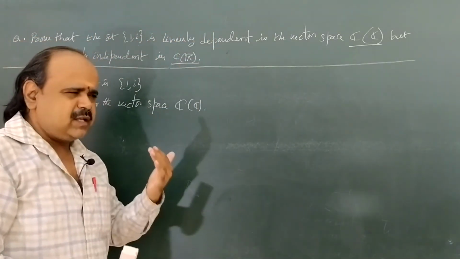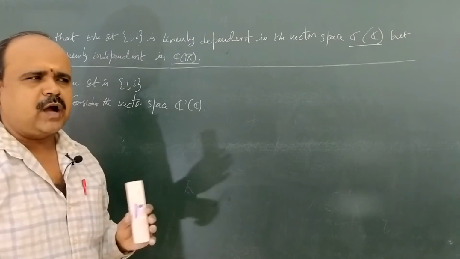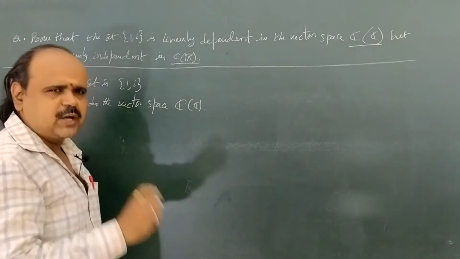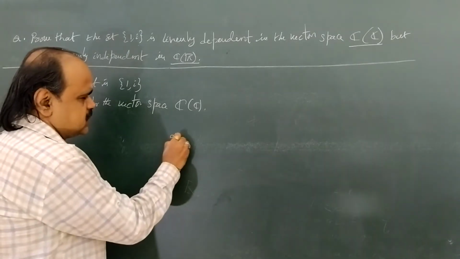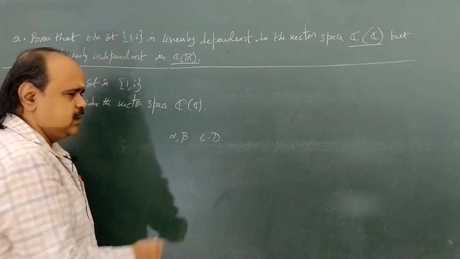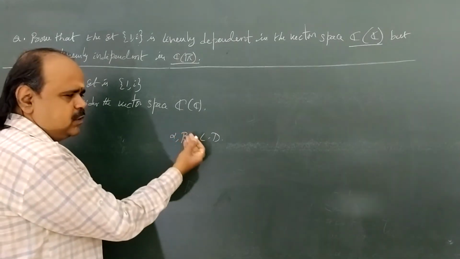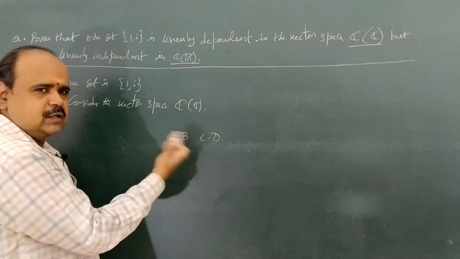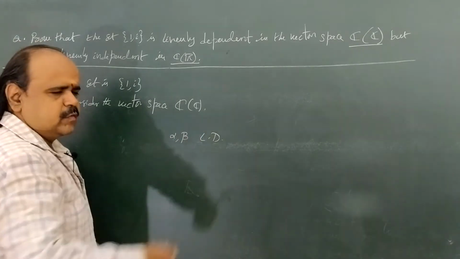Okay, in our earlier classes we already discussed a theorem: two vectors alpha comma beta are linearly dependent if and only if one is a scalar multiple of the other. Alpha beta linearly dependent అయితే ఈ రెండిట్లో ఒకదాన్ని ఇంకో వెక్టర్ ఒక స్కేలార్ మల్టిపుల్‌గా రాసుకోవచ్చు అని.